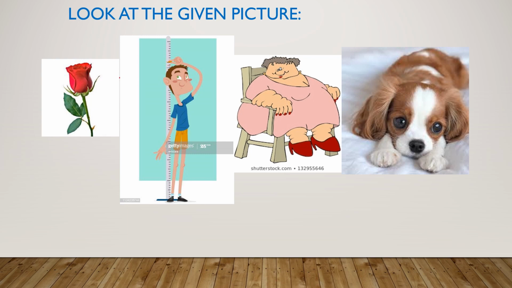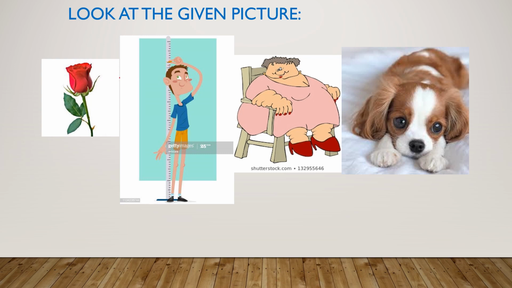After looking at the second picture, maybe you thought a tall boy or a fat boy. In the third picture, you could think a fat lady or an old lady. And after looking at the fourth picture, you might have thought that it's a cute puppy, a little puppy, or a furry puppy. Am I right?